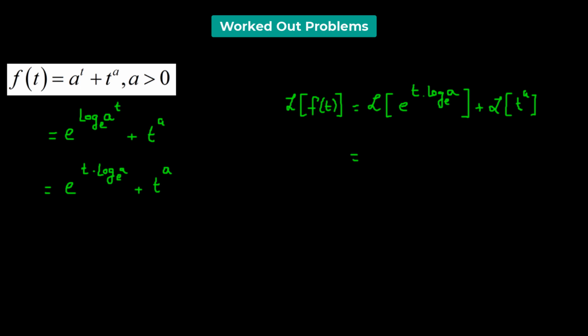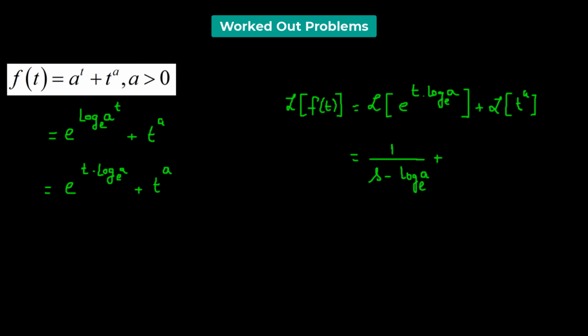So this will be equal to 1 over s minus a, where a here is log of a, plus the Laplace transform of t raised to the power of a. Here it's only mentioned in the question that a is a positive number. So a could be any real number. We can say it could be a rational number, it could be a natural number.